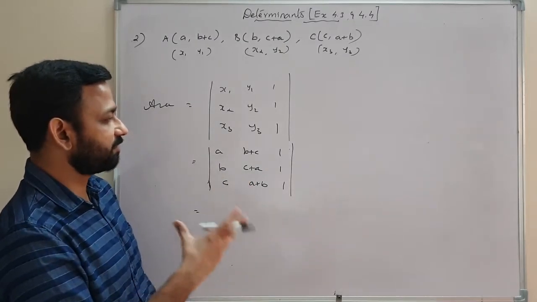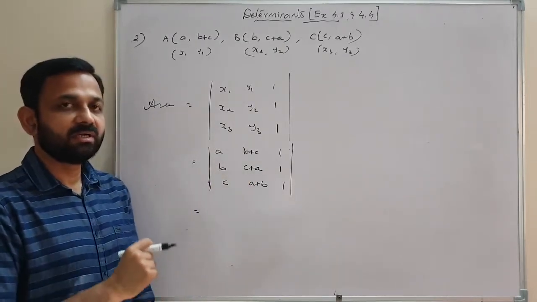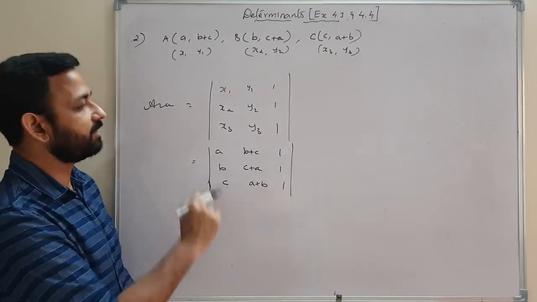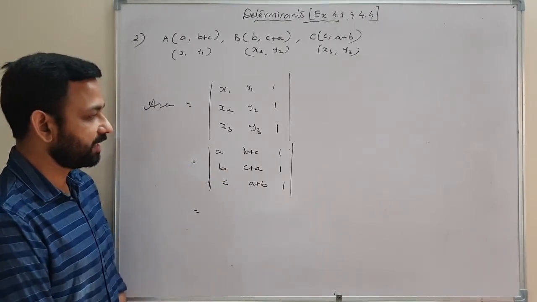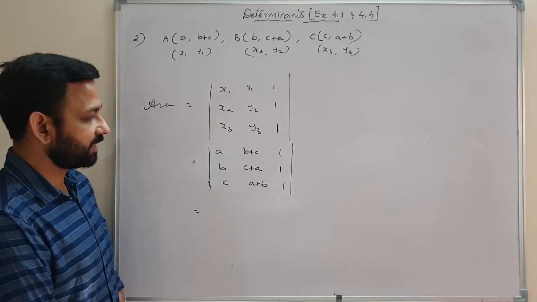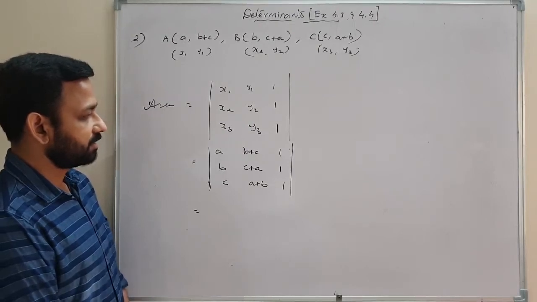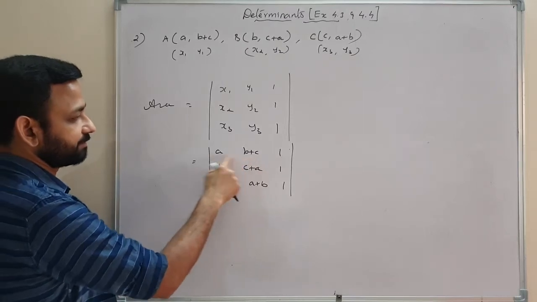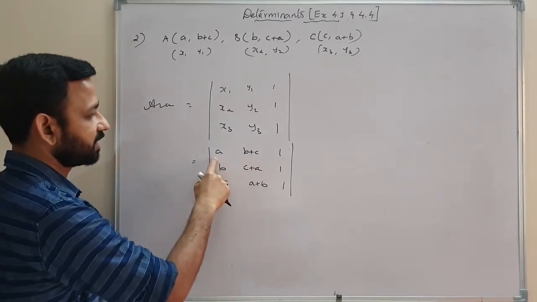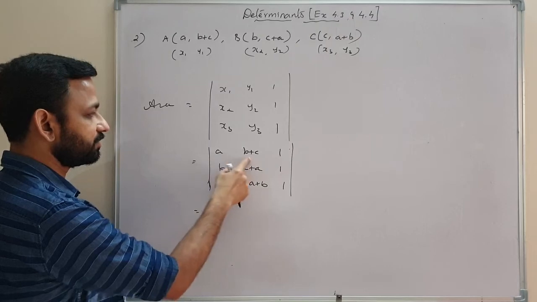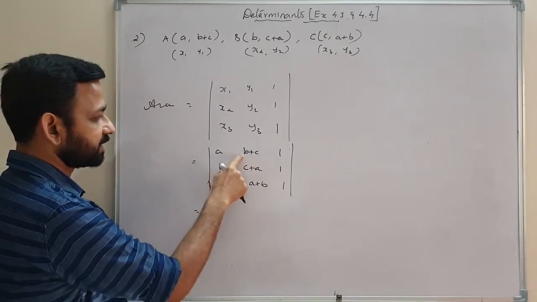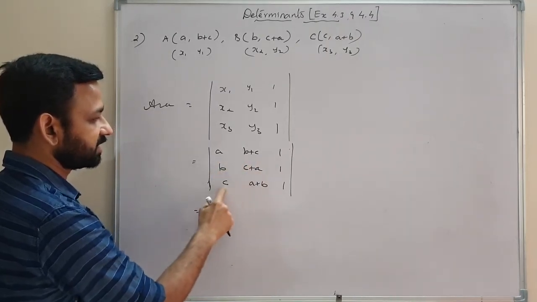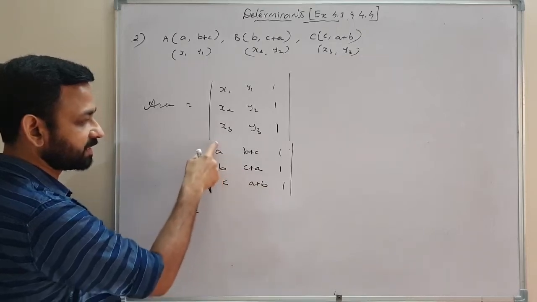But in some questions, when we use the properties, we can easily find the value. Here, we use the operation C1 goes to C1 plus C2, then we will get a plus b plus c, b plus c plus a, c plus a plus b. That is a plus b plus c everywhere.